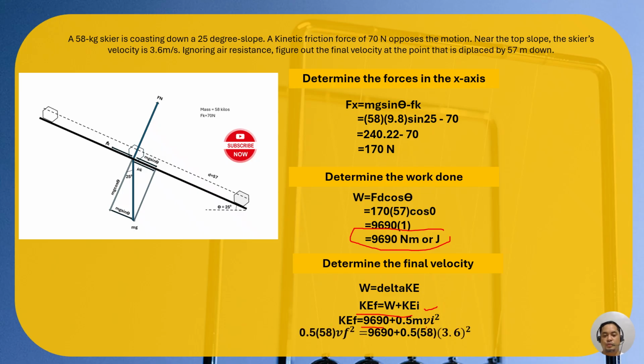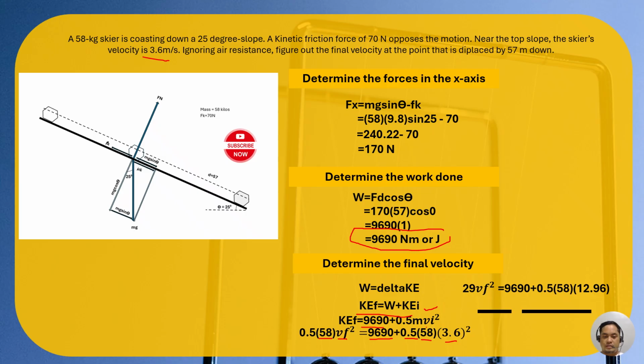We can also do it this way on the other side, the KEF, but this time it's the final velocity that we need to find. So we have 0.5 times the mass of the skier, 58. This is the work done we calculated a while ago. And we have 0.5 times 58 the mass, and 3.6, that's the initial velocity according to the problem, and it's going to be squared later.